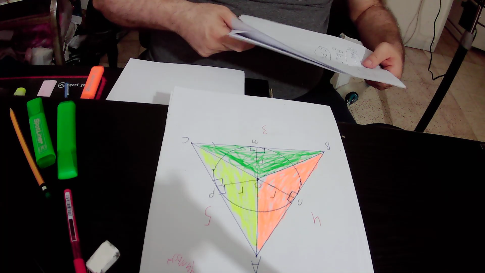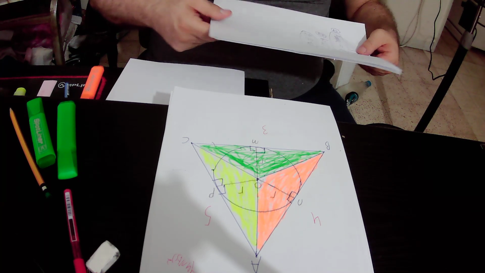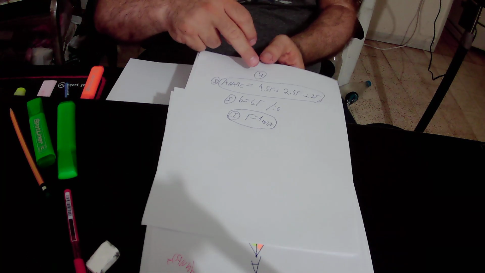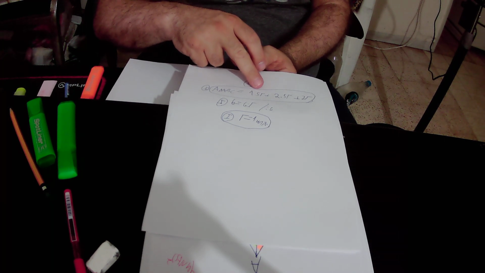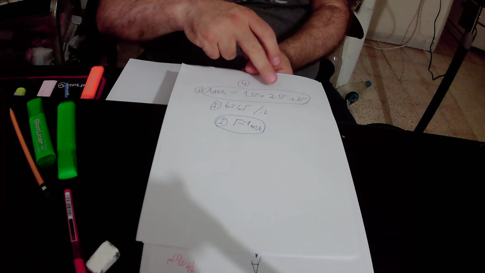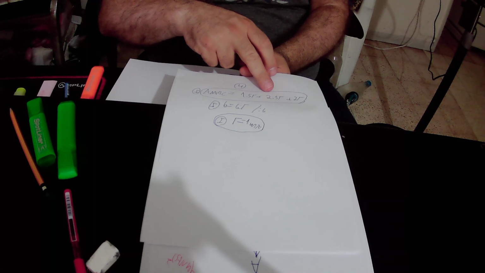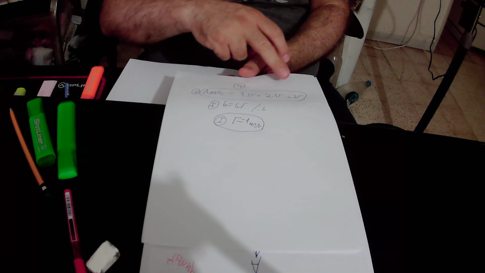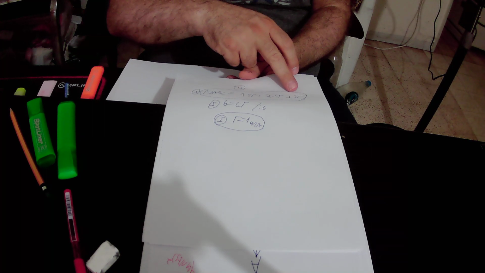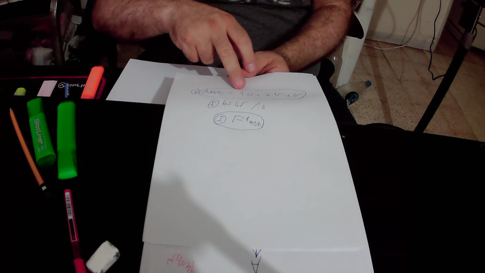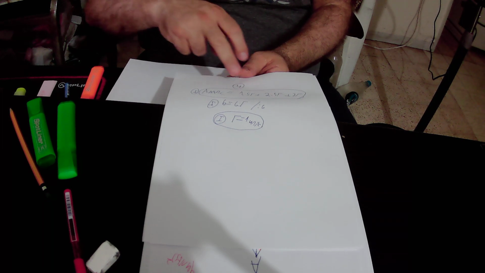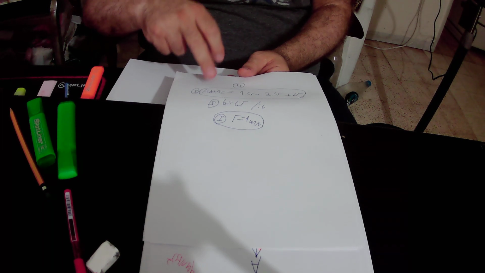But we know that the area of the green triangle equals 1.5r, the area of the yellow triangle equals 2.5r, and the area of the orange triangle equals 2r. So in total, the sum of those 3 areas will be equal to the area of the big triangle ABC.